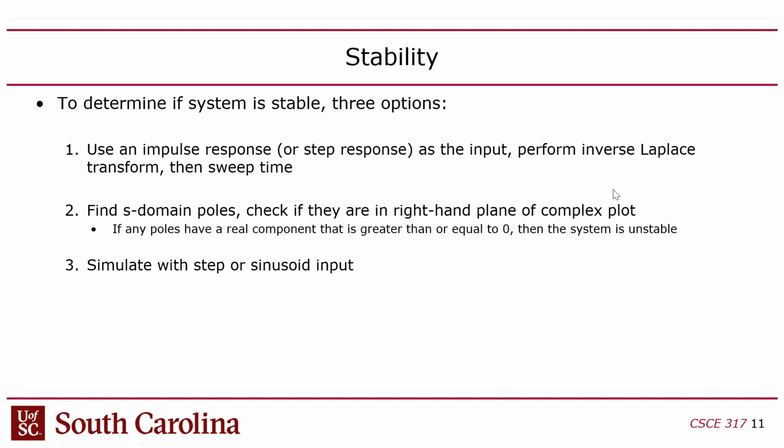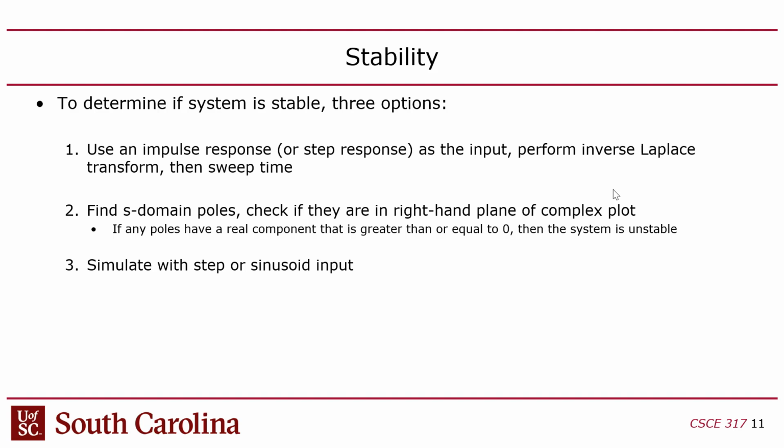Another approach, though, is, if you have the S-domain transfer function for the whole system, you can find what are called poles. Now remember that the S-domain transfer function, as I showed you, is a ratio of two polynomials, right? There's a numerator polynomial and a denominator polynomial.